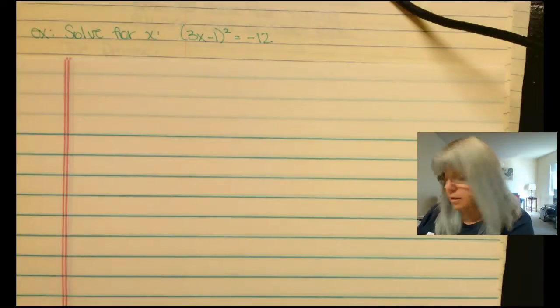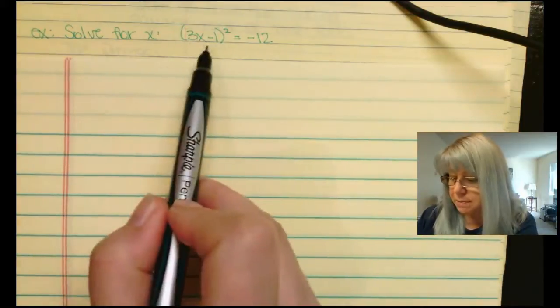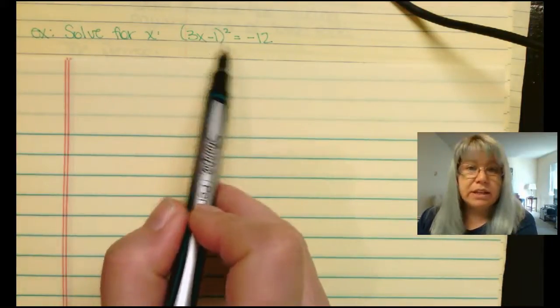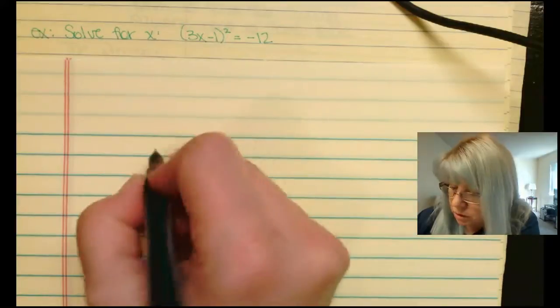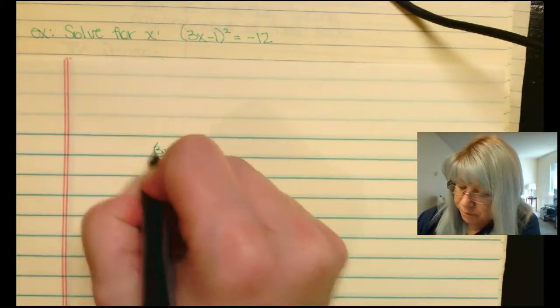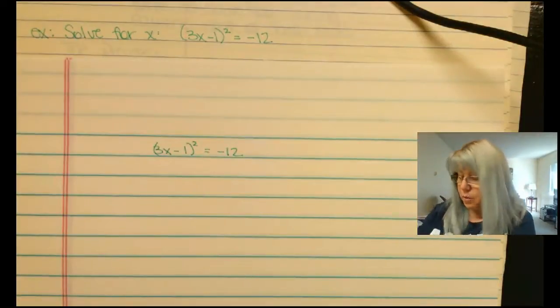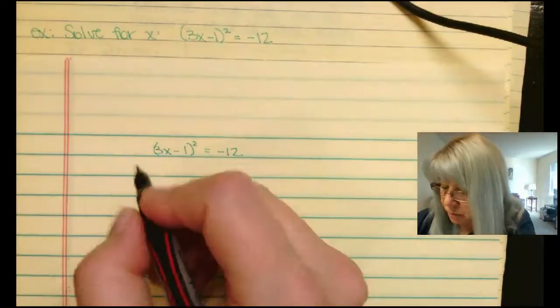All right, let's tackle a little bit more challenging problem here. So 3x minus 1 quantity squared equals negative 12. So I'm going to go ahead and rewrite the problem. And I will take the square root of both sides.